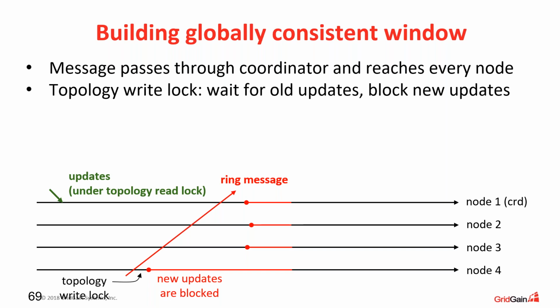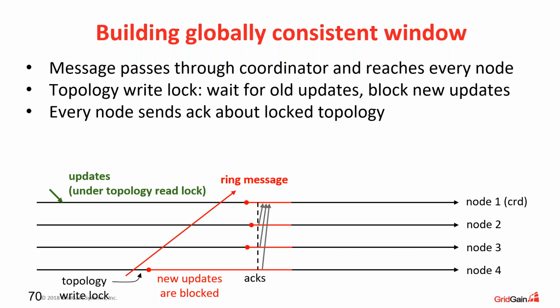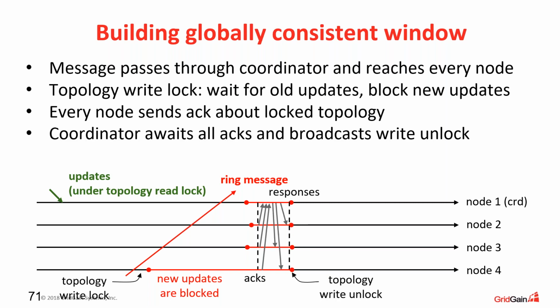And acquiring the write lock means blocking of all new updates, because no one holds a read lock, and if someone wants to do an update, he has to acquire the read lock. In such a case, when the topology write lock is acquired everywhere, it's actually a consistent state, and every node can send an ACK about successfully locked topology to the coordinator.